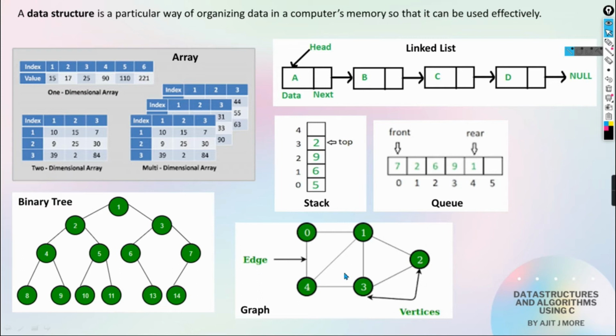Graph applications are many, like your city map, a country map, your whole world map, or your computer network. How one computer is connected with another, that topology you can show with a graph.